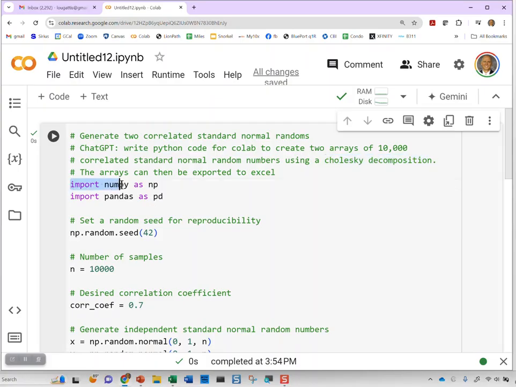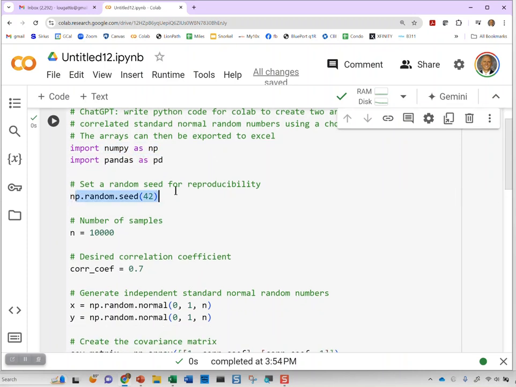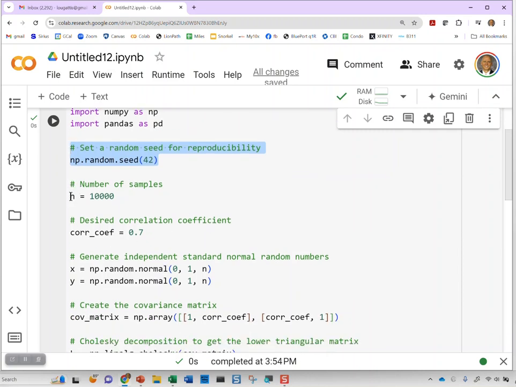It looks like it imports the package NumPy as NP, imports pandas as PD. It sets a random seed. If you were to Google Cholesky decomposition for creating correlated randoms, that's a mouthful, isn't it? You would get what this random seed's about, but it has to start randomly with some value. This program also sets the number of variables.